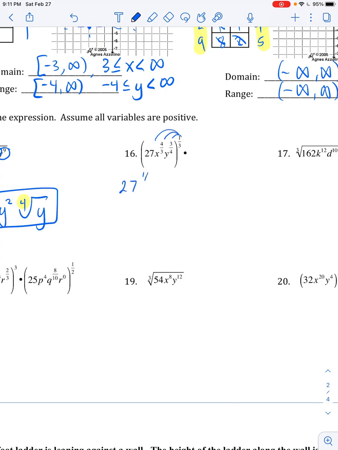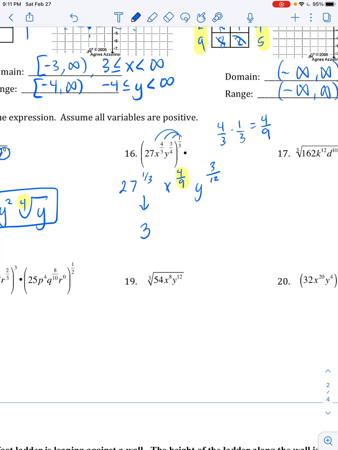All right. Here, I'm going to go ahead and distribute this 1/3 power. So I'll have 27 to the 1/3, x to the 4/9, and y to the 3/12, because I have to multiply the tops of the fraction. So for example, when I'm multiplying 4/3 times 1/3, I multiply the tops and the bottoms, and that is where this comes from. Now I look to simplify.